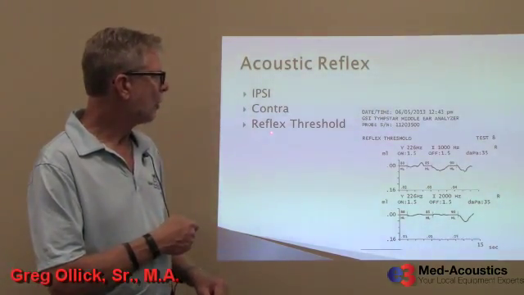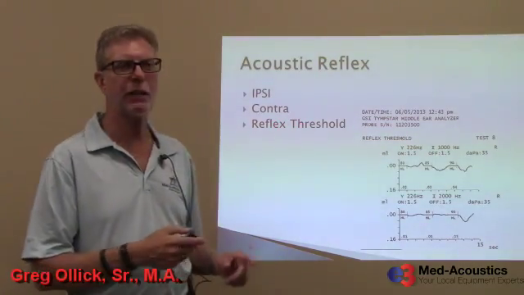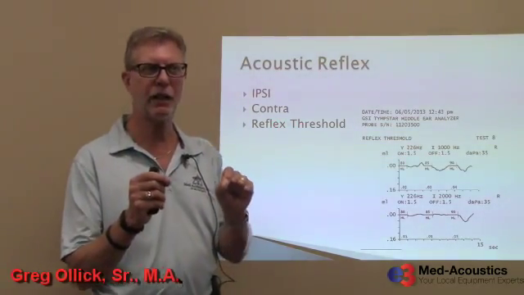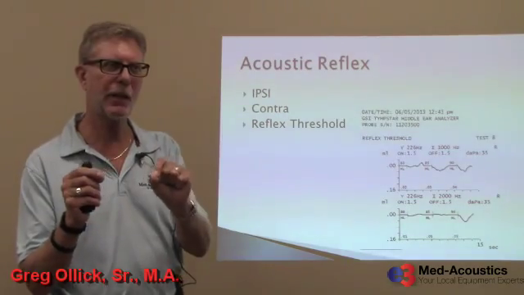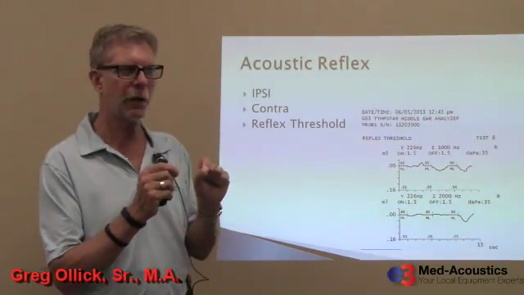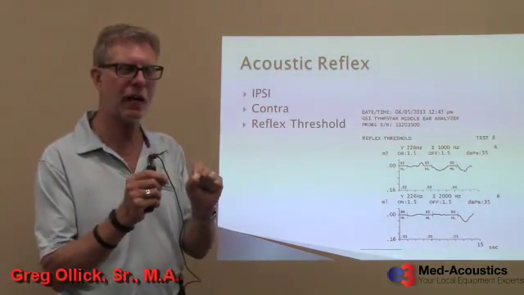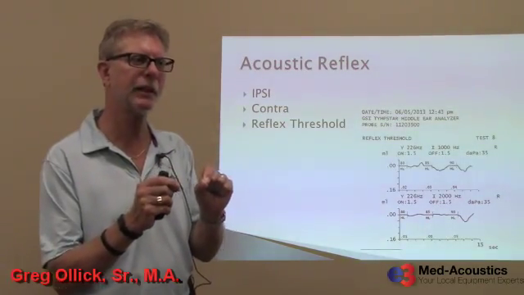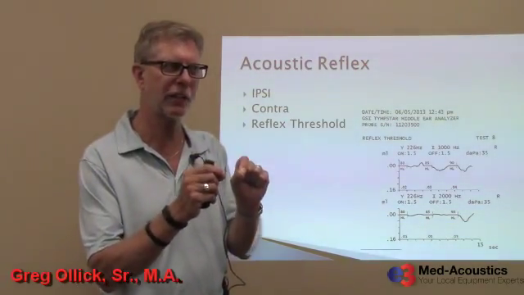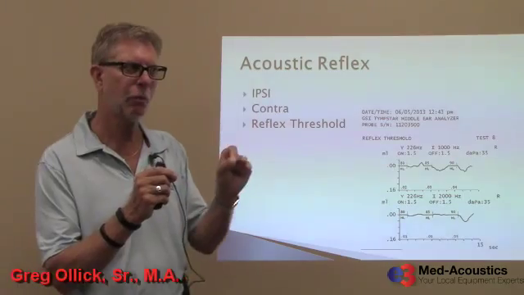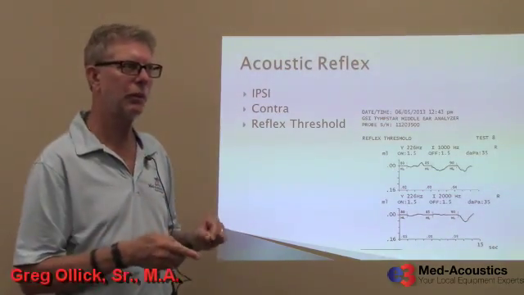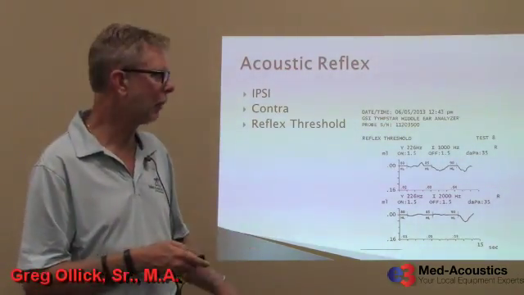And with the ability to find a reflex threshold manually, not just in a super automated fashion, manipulating it down to 5 dB increments, you can determine a more precise threshold, and maybe do more frequencies than you would be able to do in an automated system.